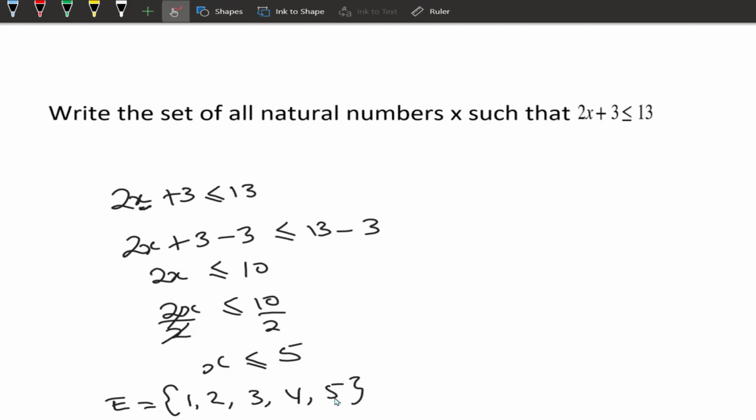So let's pick the highest one, which is 5. 5 times 2 is 10 plus 3 is 13, which is less than or equal to 13, so it's true. And if you pick the minimum, 1 times 2 plus 3 will give me 5, which is less than or equal to 13. So these are the natural numbers that will make this statement true.